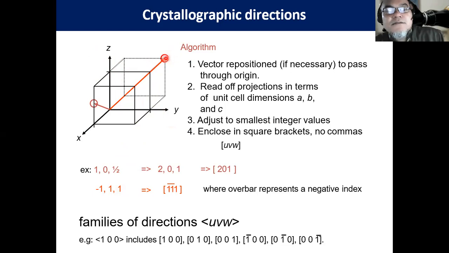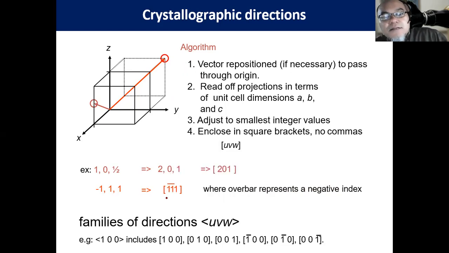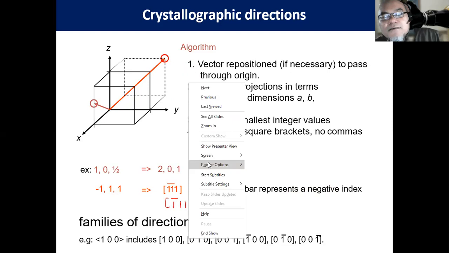So this becomes -1, 1, 1. The over bar represents a negative index. So actually this is supposed to be only a single over bar on the first index, and the other two are without over bar.